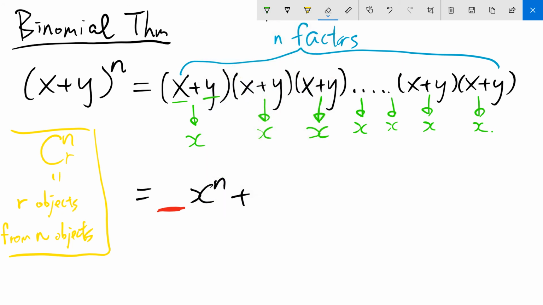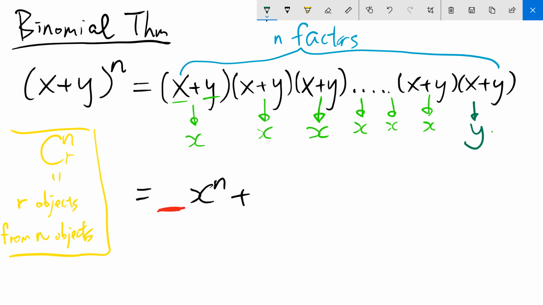Now we also choose one term out of two terms for each factor, but now the number of x is not n, but n minus 1. That means, let's say for the first n minus 1 factors we choose x, but for the last factor we choose y.